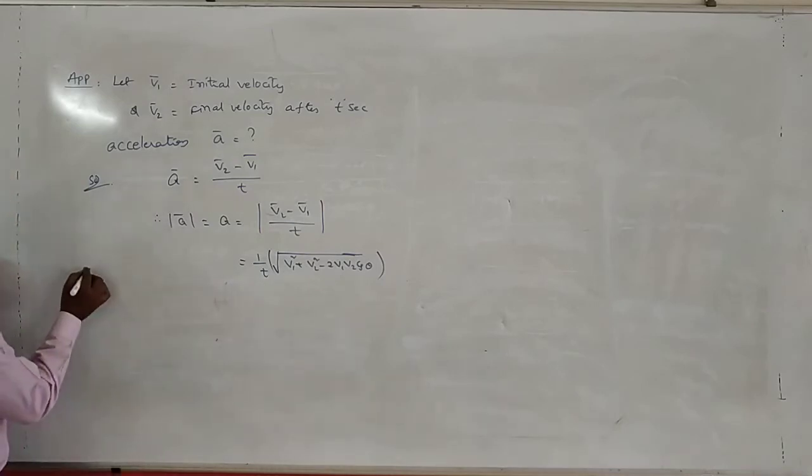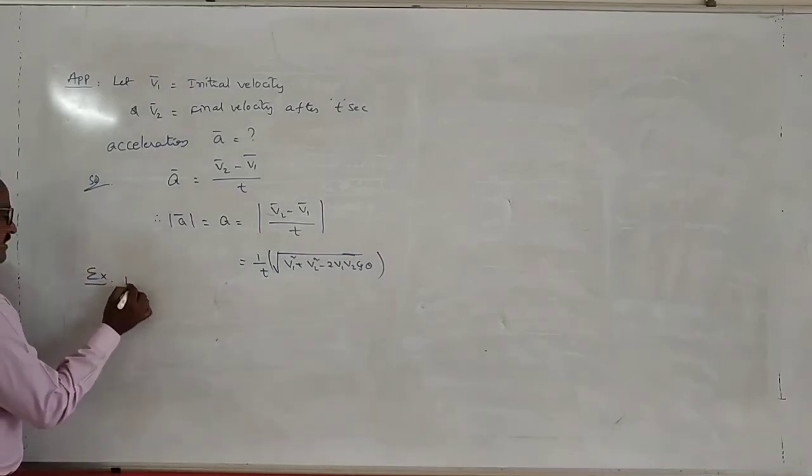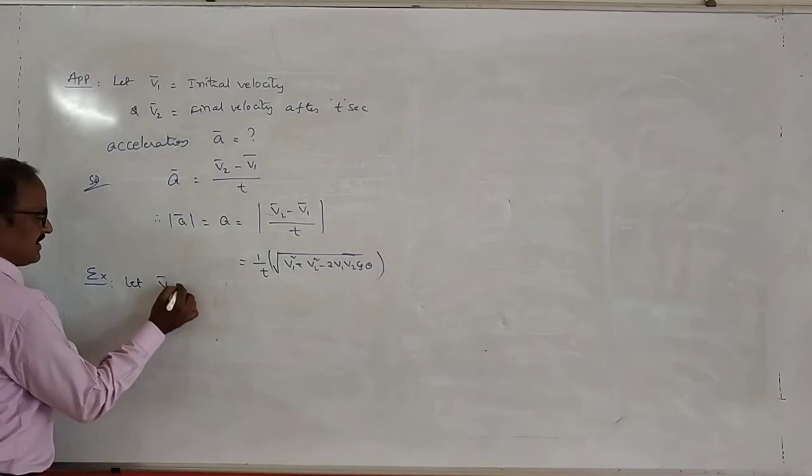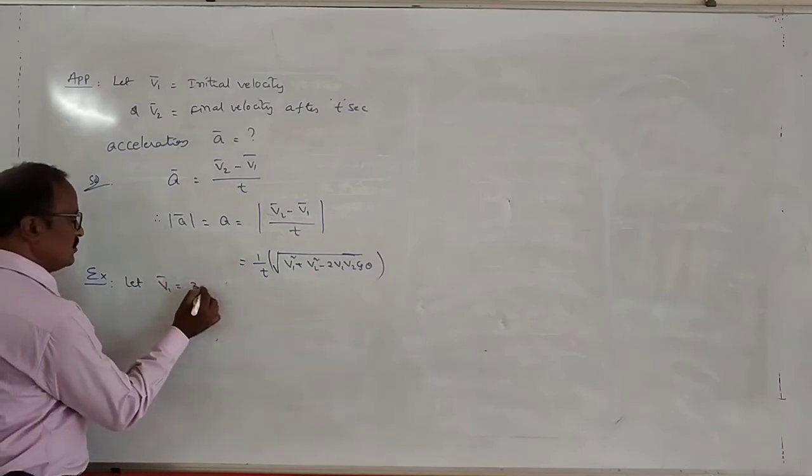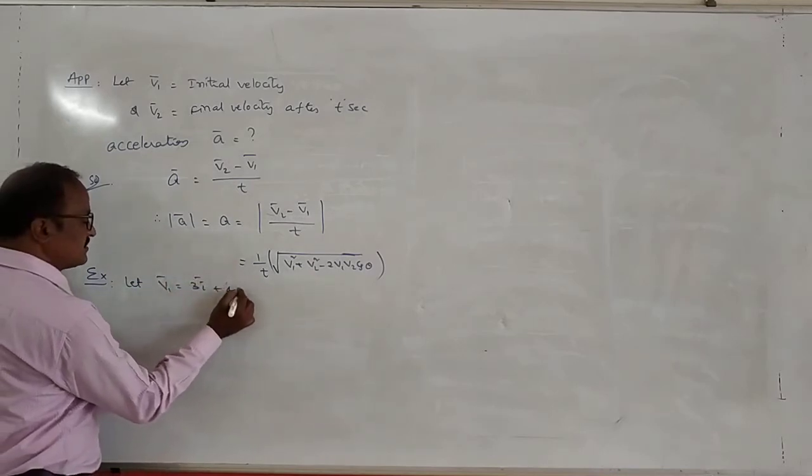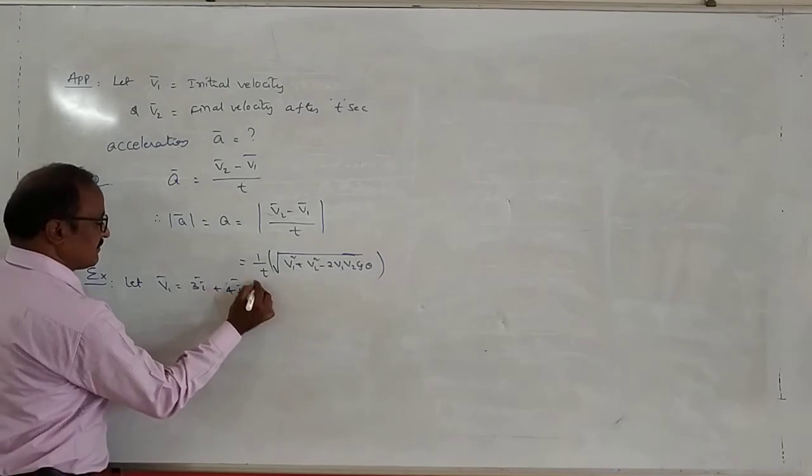So for example, here is one application. Let the initial velocity of the particle v1 bar be i bar plus 4j bar minus k bar.